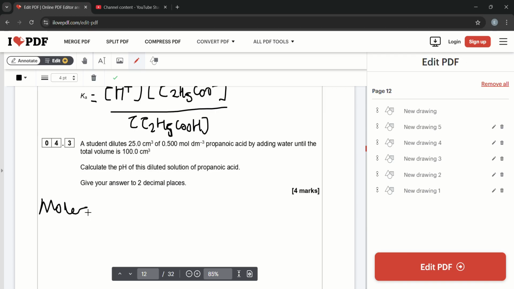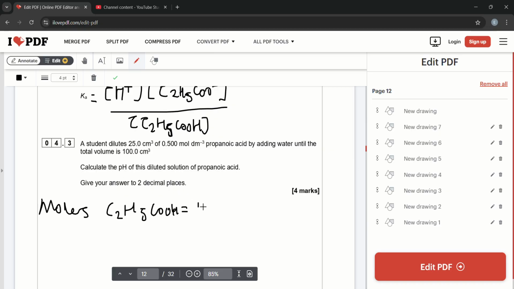So first things first, let's work out the moles of C2H5COOH propanoic acid, which is 0.125 mole per dm cubed.